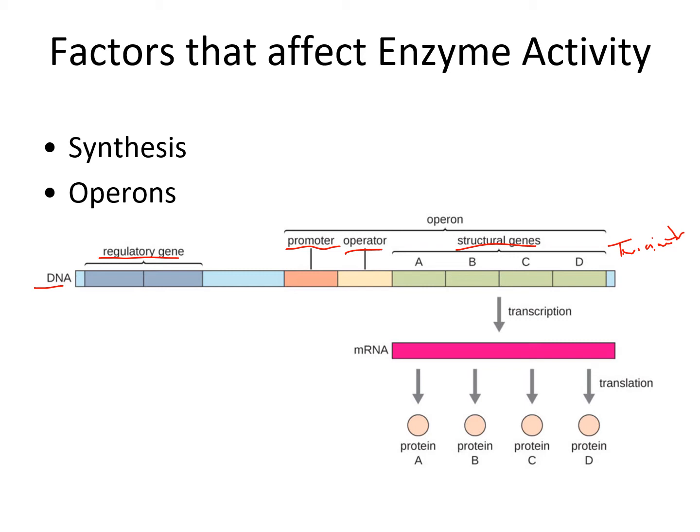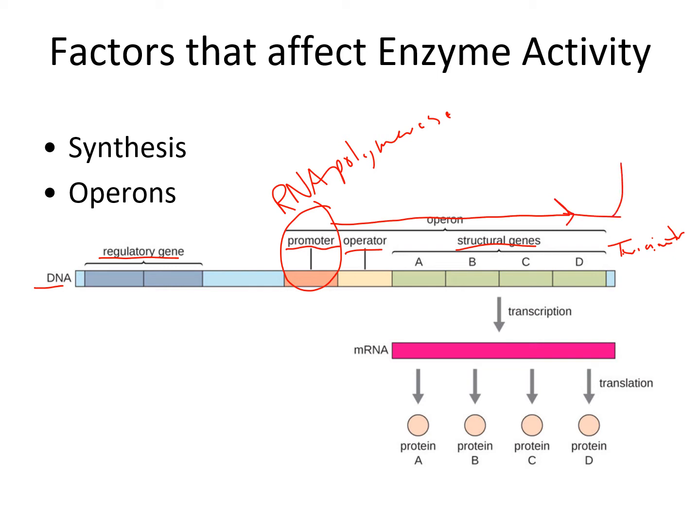So for transcription, you need an RNA polymerase to recognize the promoter. So this would be the RNA polymerase. The RNA polymerase would recognize the promoter. It would bind to the DNA at the promoter. Then it would slide along the DNA, transcribing everything between the promoter and the terminator.